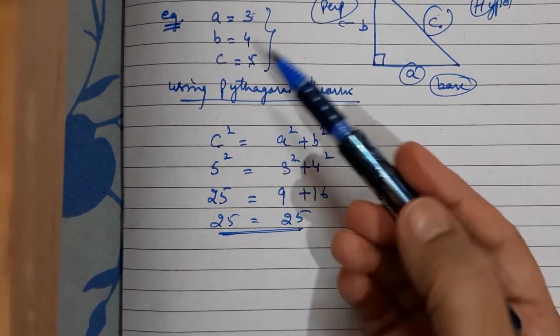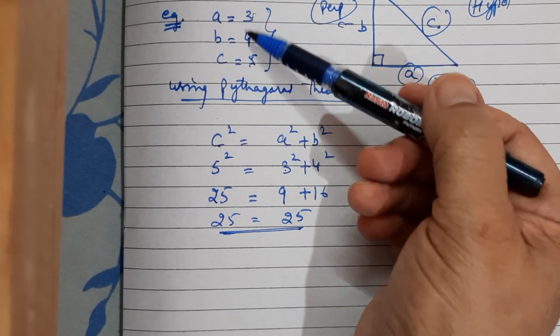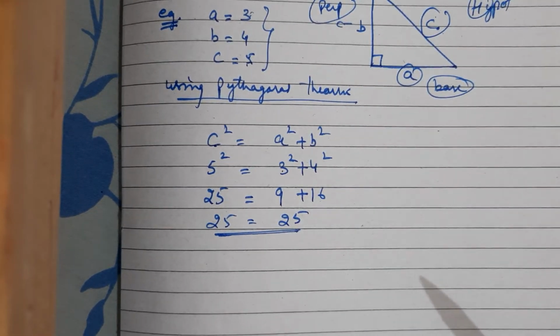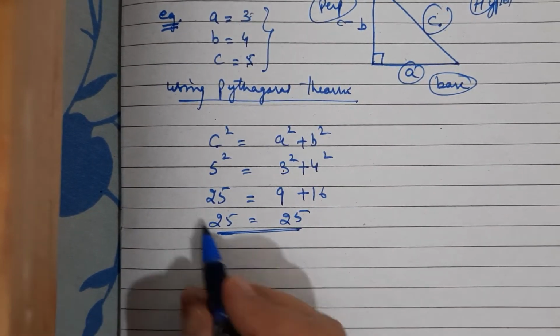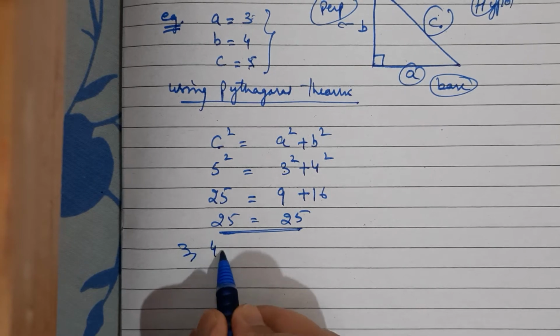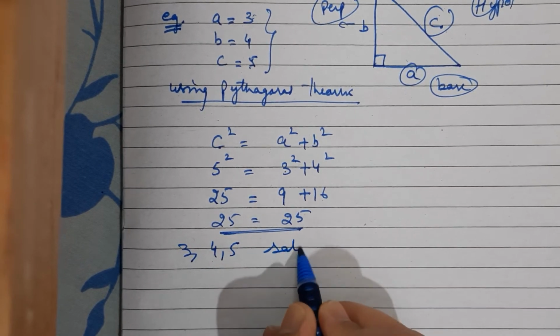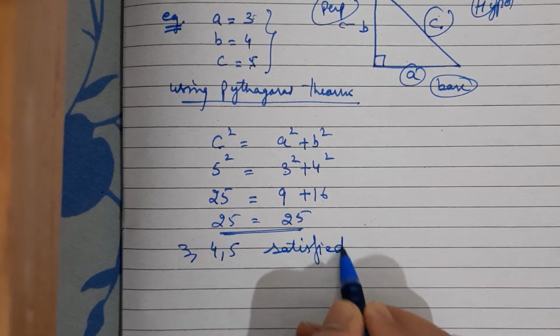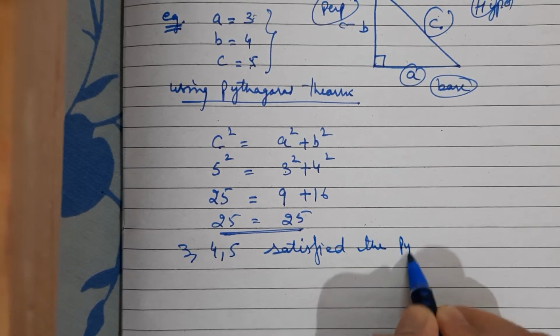It means with this measurement 3, 4, 5 we can construct a right angle triangle, or we say that 3, 4 and 5 satisfy the Pythagoras theorem.